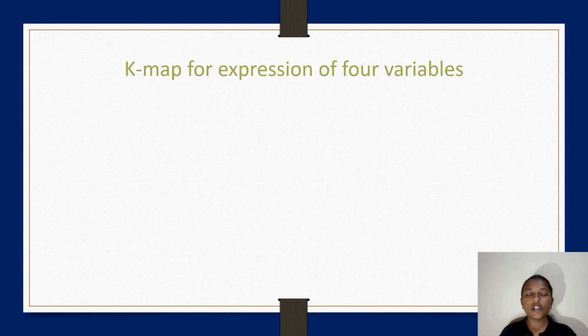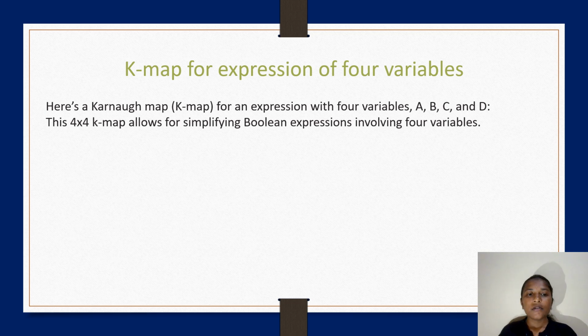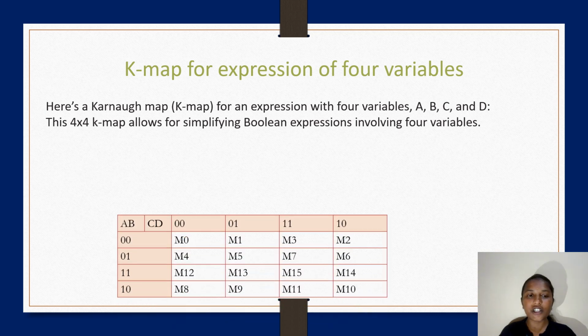Let us learn about the K-map for an expression of 4 variables. K-map for an expression with 4 variables A, B, C, D. This 4 by 4 grid K-map allows for simplifying Boolean expressions involving 4 variables.